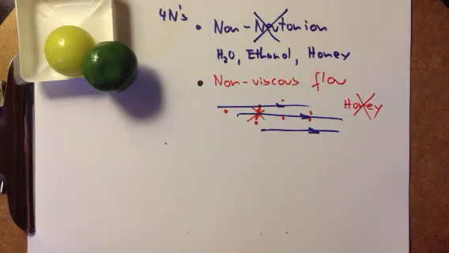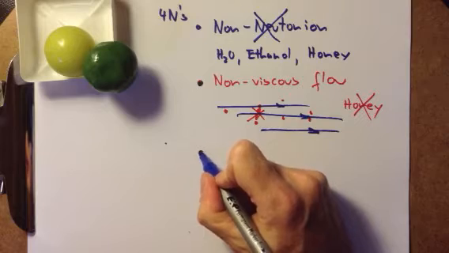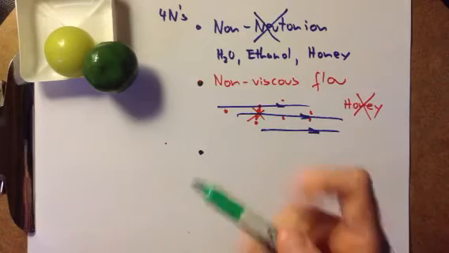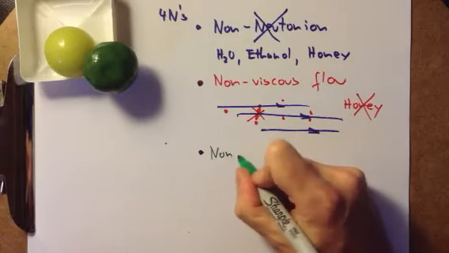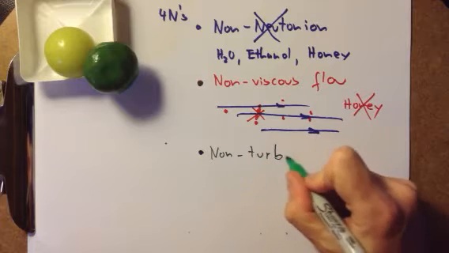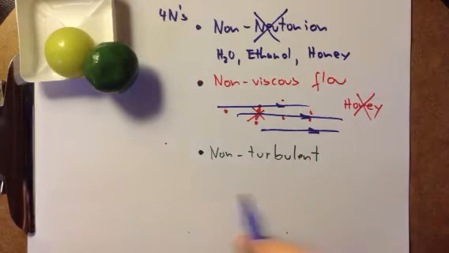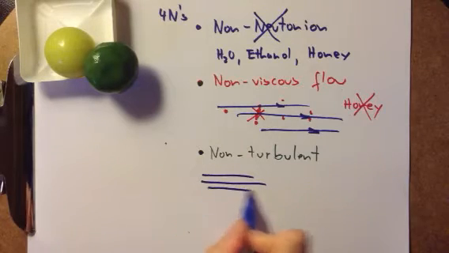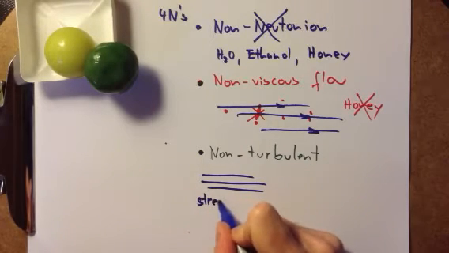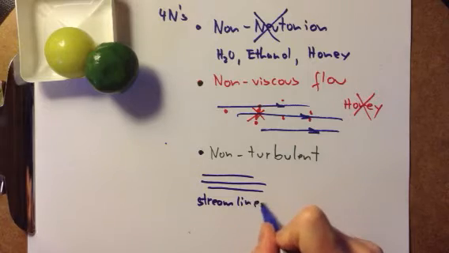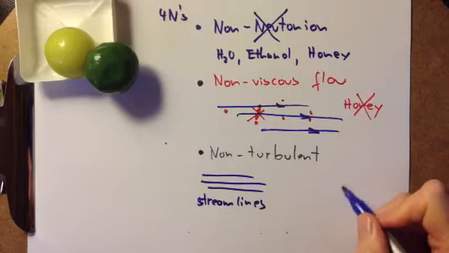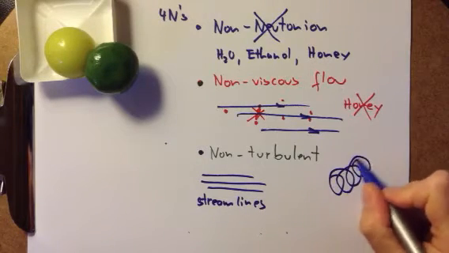Another n to consider is non-turbulent. We want non-turbulent flow. We want laminar flow. We want this type of flow where the streamlines are parallel. We don't want a flow which is turbulent like this.